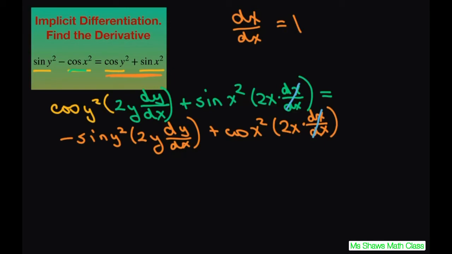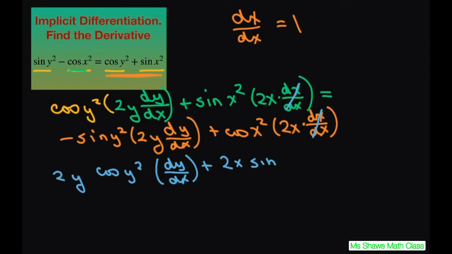Now, simplifying this, we're going to get, let's pull out the 2y. So you have 2y cosine y squared times derivative of y with respect to x plus 2x sine x squared equals, then we're going to do this one.